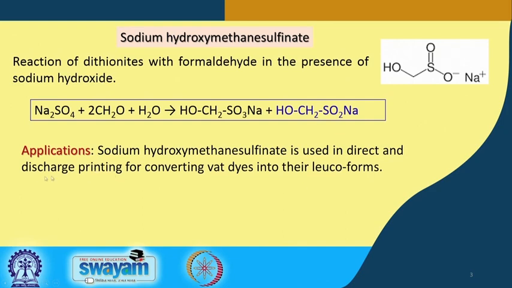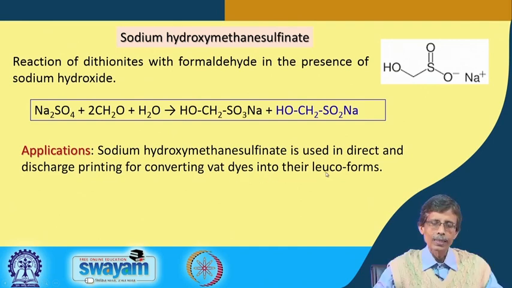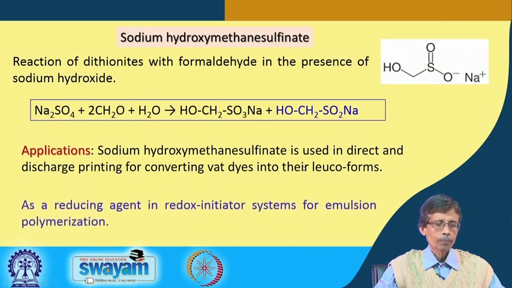So you have to discharge the printing in such a way that the colored form is the reduced form, and sometimes the leucoform, the colorless form, is also the reduced form. So in the dye or printing industry, you use not the Na2S2O4 directly, but this methanesulfinate molecule for that purpose.